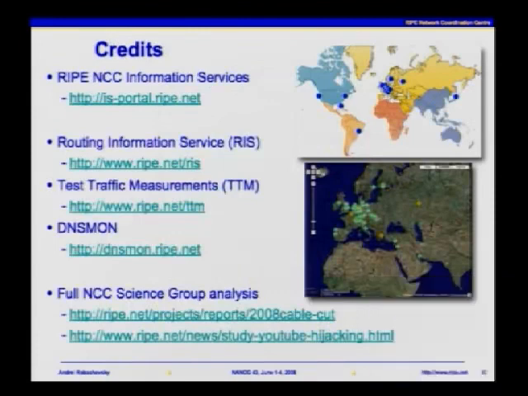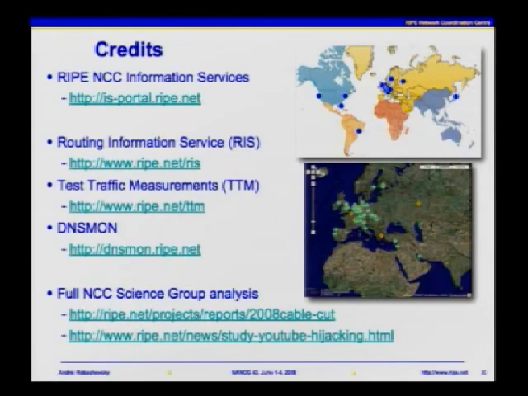Well, as a conclusion, I would like to give you some URLs and some pointers and some credits. Of course, as I said, those tools are being maintained and developed by the team which we call the Information Services Department at the RIPE NCC. If you would like to learn more about Routing Information Service, TTM or DNSMon, those are the URLs.